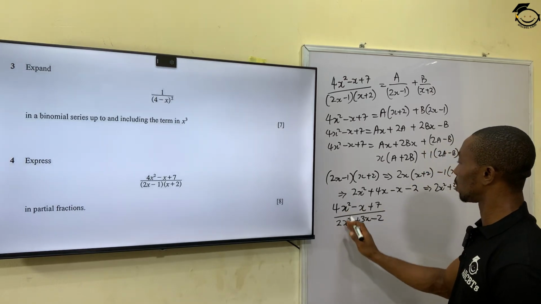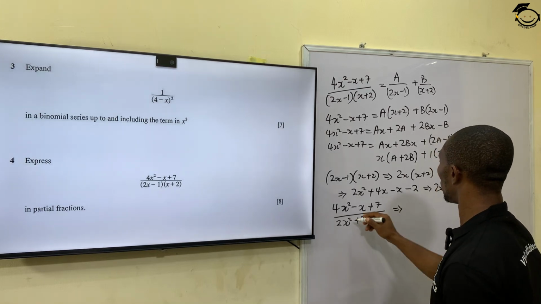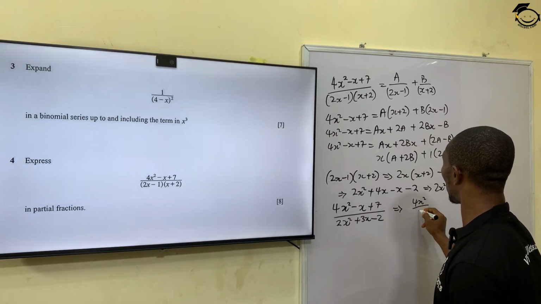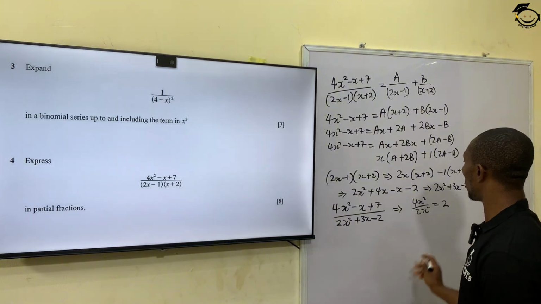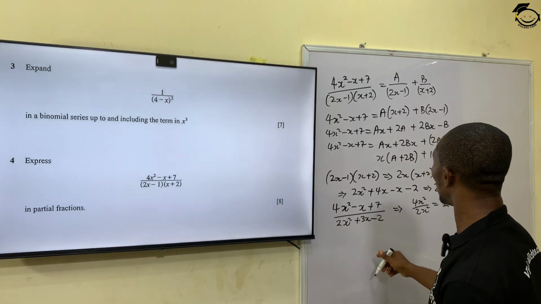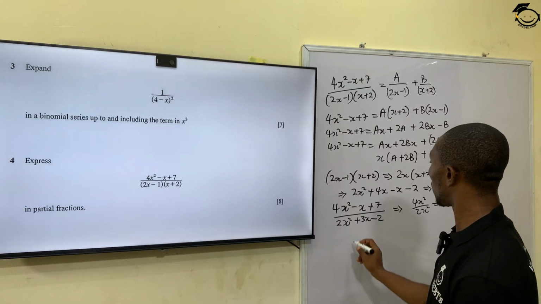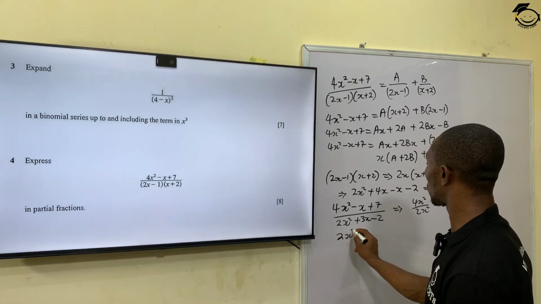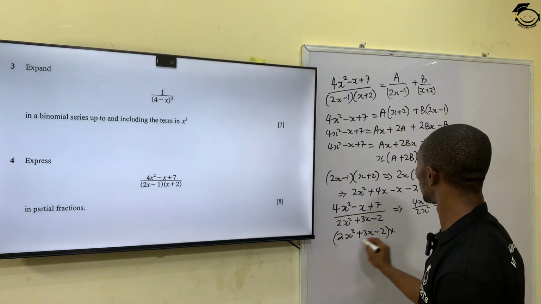Now we can see that these are having same sign. So we can now say, equating our x squared, this becomes 4x squared over 2x squared. So our value will become 2. Now, this 2, we'll use it in multiplying our denominator to find out the missing fraction in the numerator. So now multiplying our denominator by 2, this becomes 2x squared plus 3x minus 2 times 2.